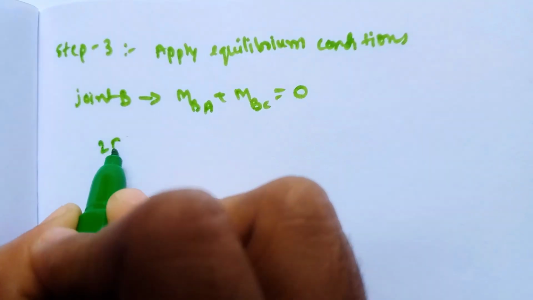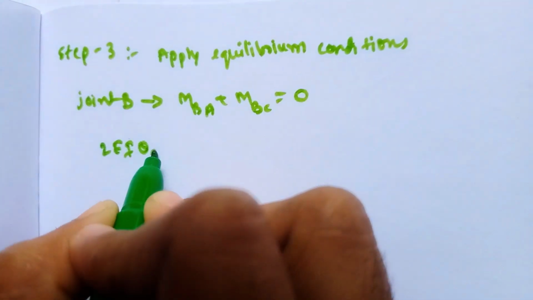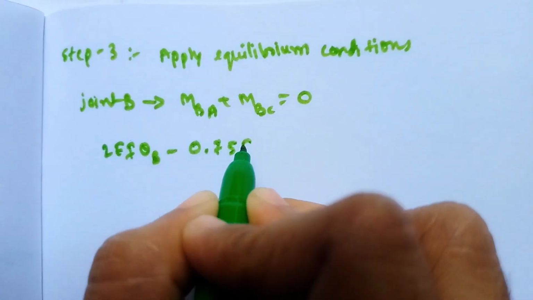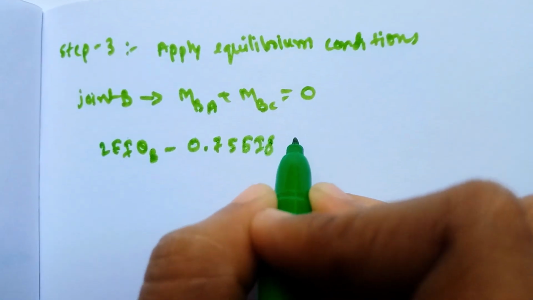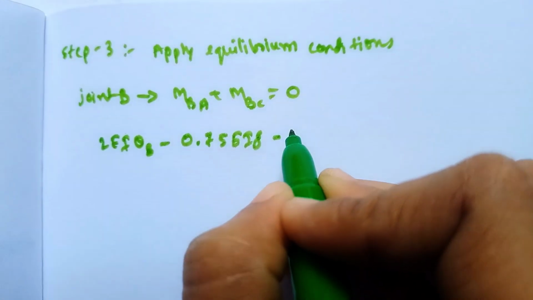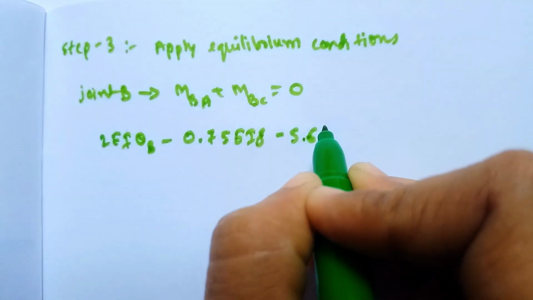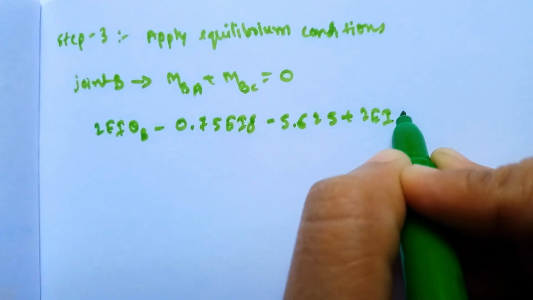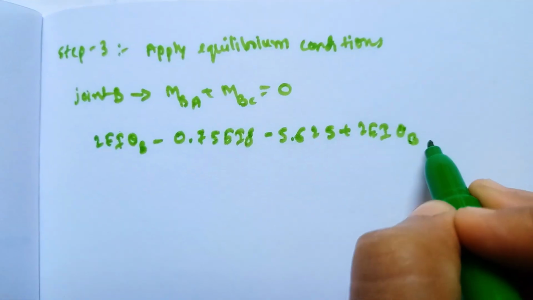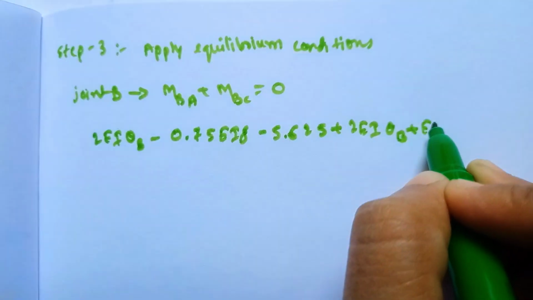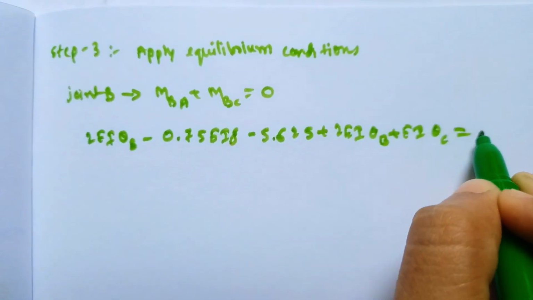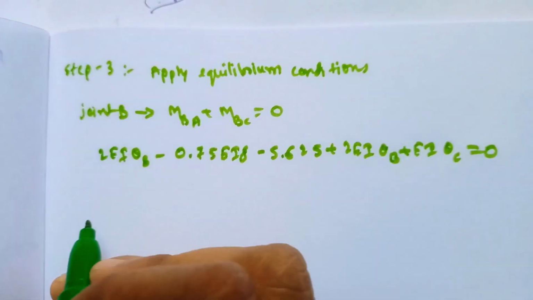Substitute MBA and MBC values in our equation. So MBA value is 2 EI theta B minus 0.75 EI delta, and MBC value is minus 5.625 plus 2 EI theta B plus EI theta C, equal to 0. Now solve this.